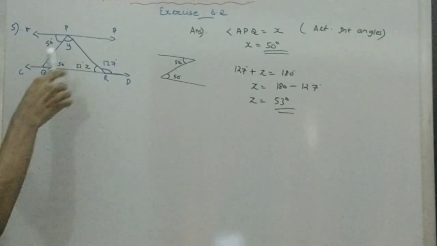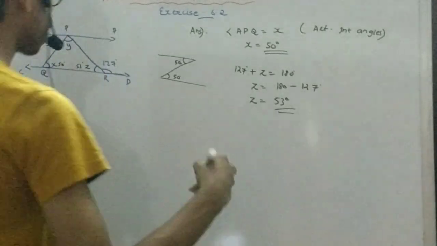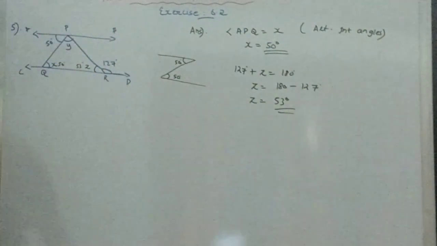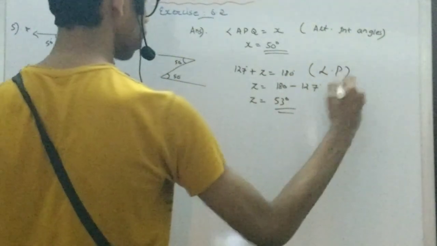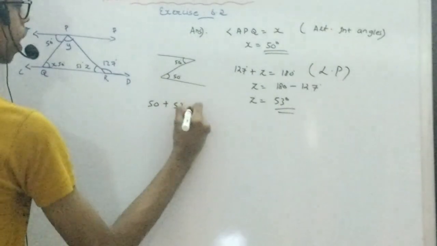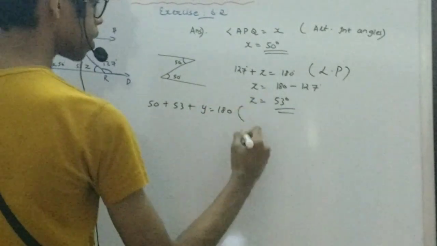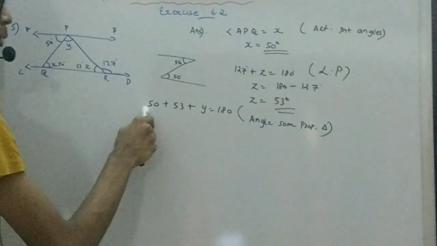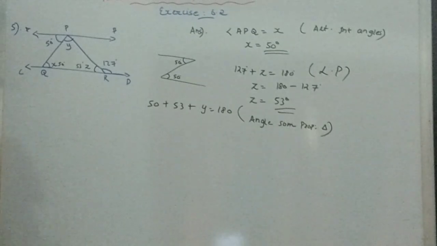Now we need to find the value of angle y. If you see over here, a triangle is being formed and we know that the angle sum of all these angles will be equal to 180, by angle sum property of triangle. So we can write 50 plus 53 plus y is equal to 180 by angle sum property of triangle.